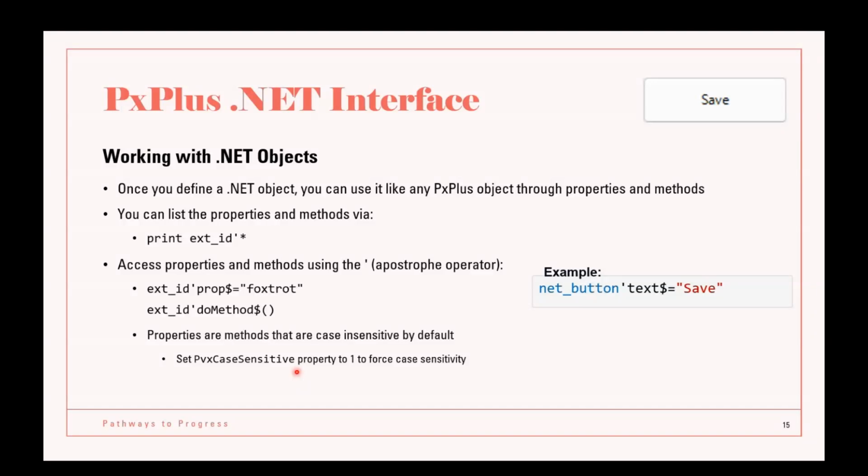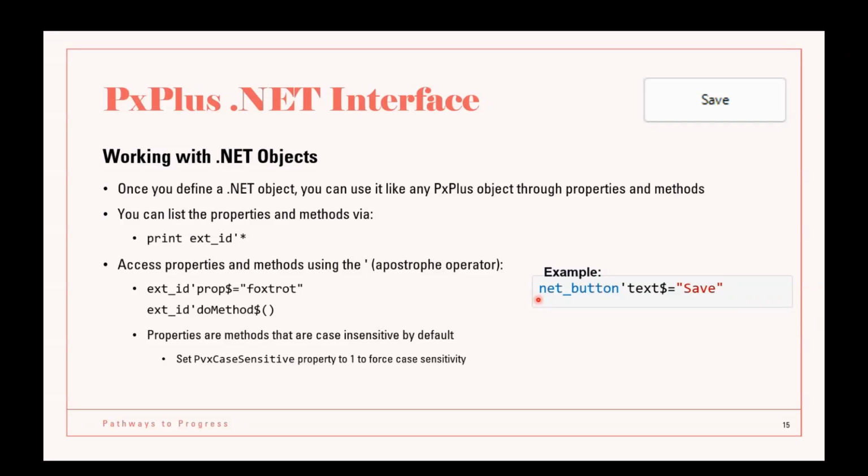So if you set this to 1, then the property and method names will be case sensitive. You'd only really need to do this if someone defined an object with a property name or method name that is the same as another property name or method name with a different case. So by default, this is off, and it's going to be case insensitive.